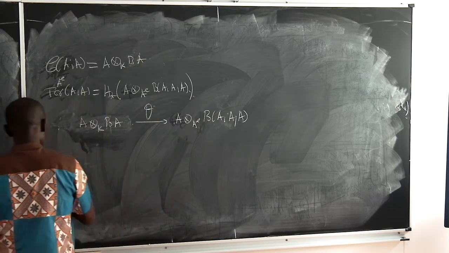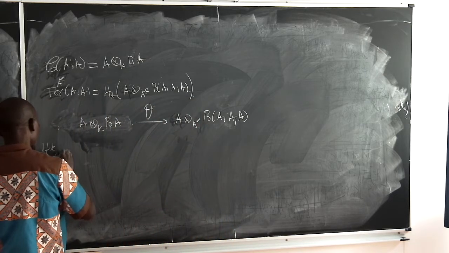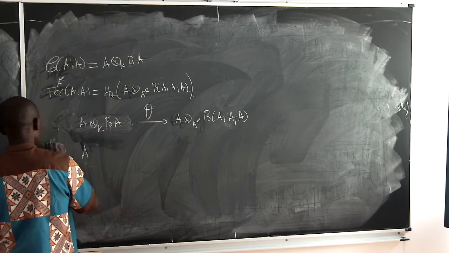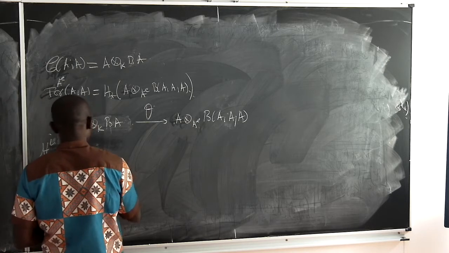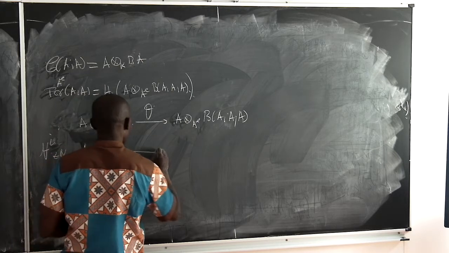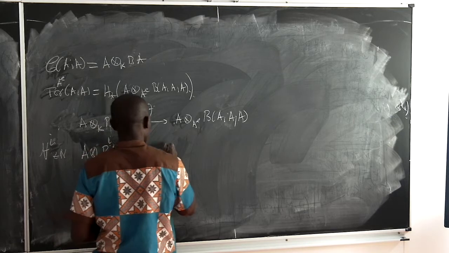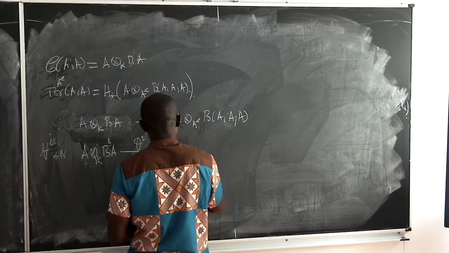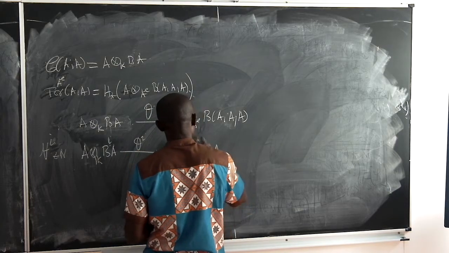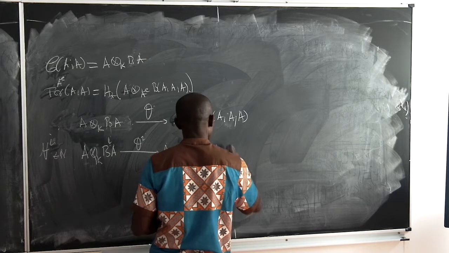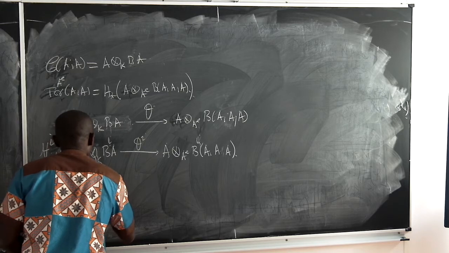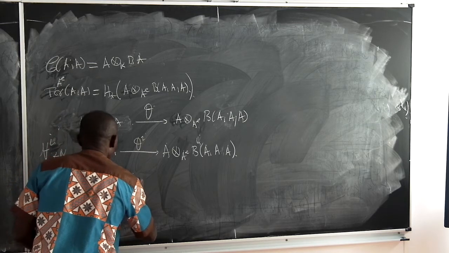At each degree, for all k belonging to N, we have A. Here, let's say, let me call it I. A generic element here is of the form A1, A2 up to AI.